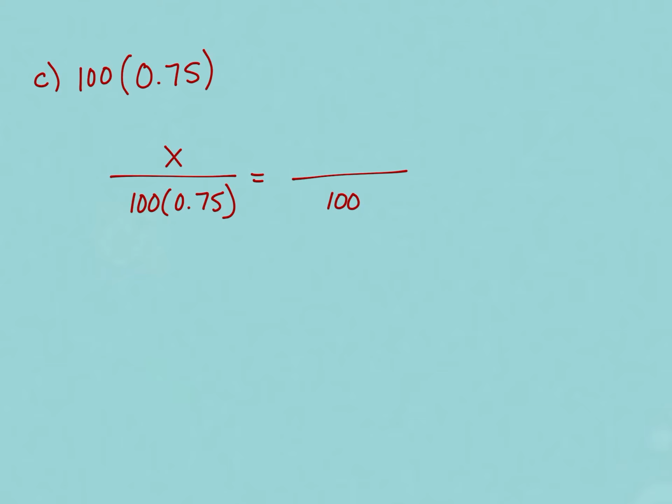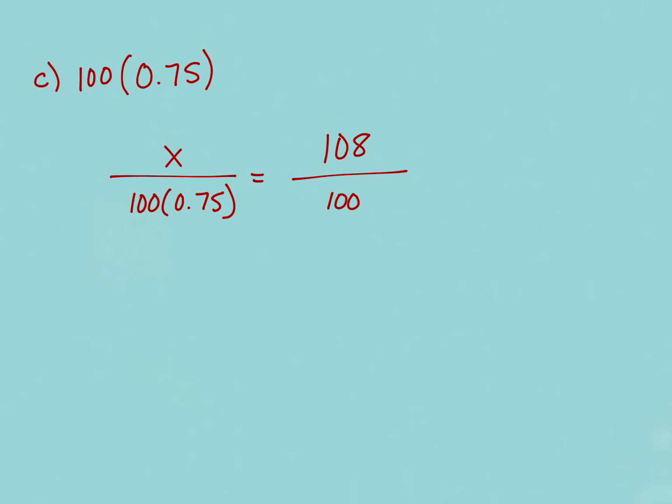Part C says write a numerical expression for the cost of the glow sticks. Well, we know it was 75 cents times 100 because there were 100 glow sticks. And we also had that setup with X on the top, 100 on the bottom, and 108 there.